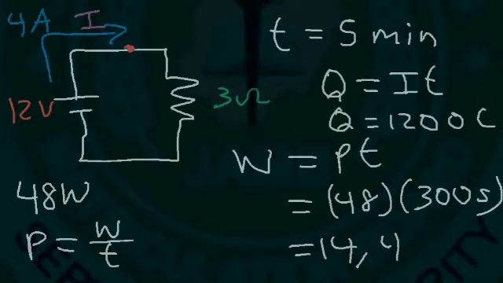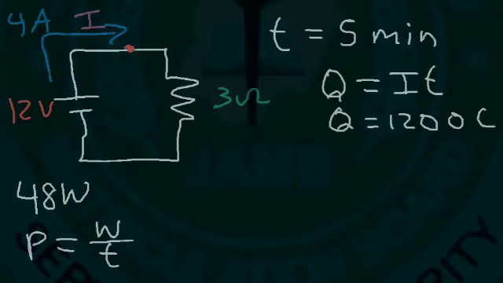So in 5 minutes, the battery delivers 14,400 joules of energy. If it delivers that much energy, that means the battery has lost 14,400 joules of energy, and the resistor transferred that energy to heat energy. So the battery lost energy, and that energy eventually escaped as heat.